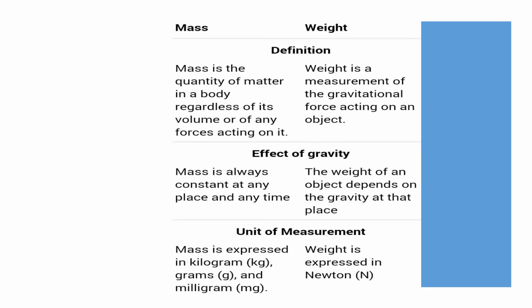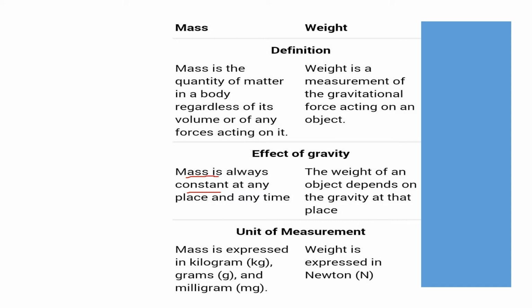And then there are more differences between mass and weight. Except for the definition, you know that mass is constant. That means it does not change. So your mass on Earth will be the same as your mass on the moon.